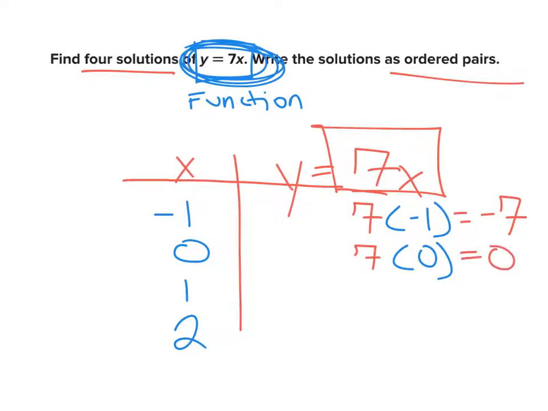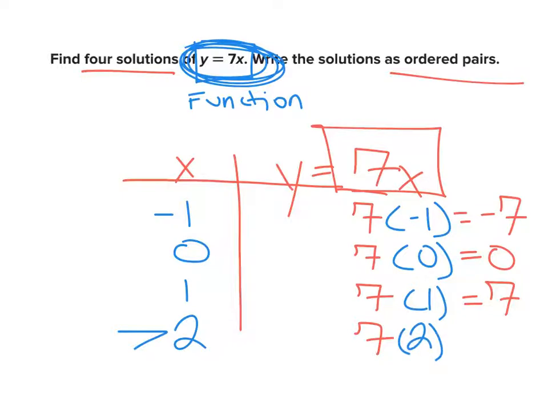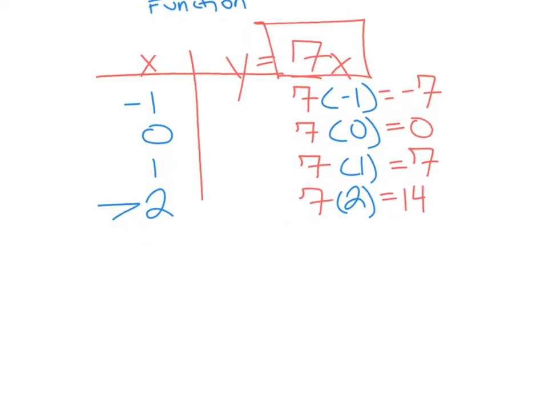When x is +1, my y value will be 7 times 1, or just 7. And when my x is +2, my y would be 7 times 2, which is 14. Now that's really all the work we need to do.